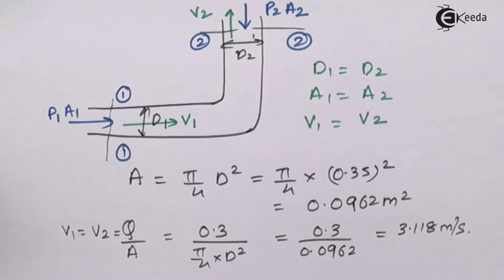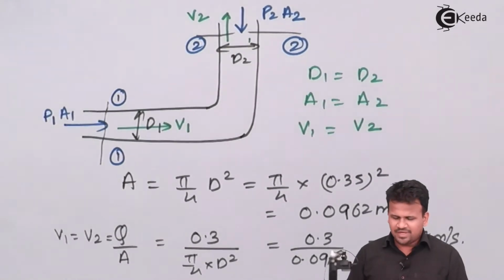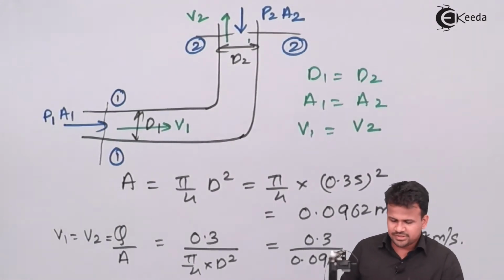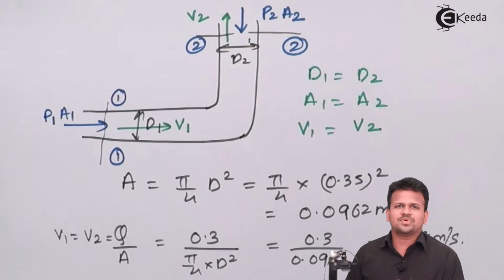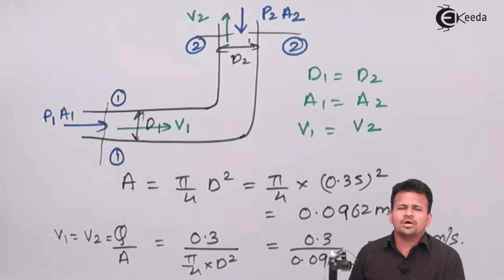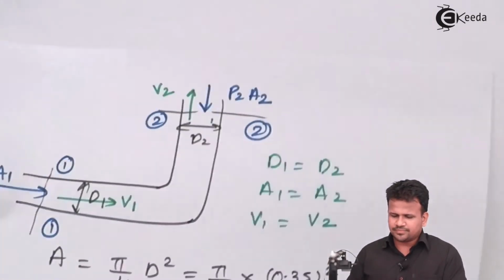Now we know the inlet pressure and the outlet pressure. So now we have calculated V1, V2, and we know the flow rate as well as density, and P1 and P2, the pressure at the inlet and outlet, have already been given to us. Now let us draw the master diagram for this entire problem.